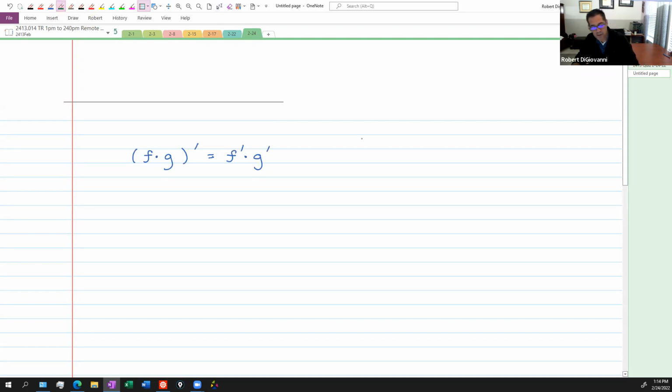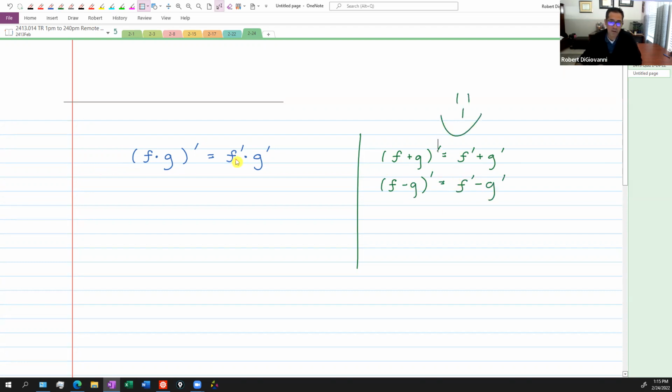That's what happens when you have addition and subtraction. If you have addition between two functions, you can separate it and do it individually on each function. And if you have subtraction, you just do them individually and keep the subtraction between them. So this is good, right? We're happy about this. When it comes to multiplication, it would be nice if that's the way it was as well, but it is not, okay?